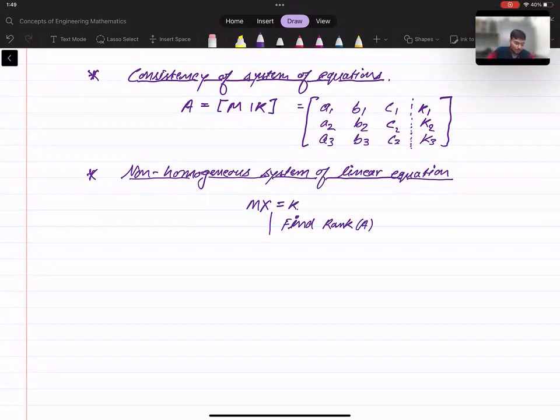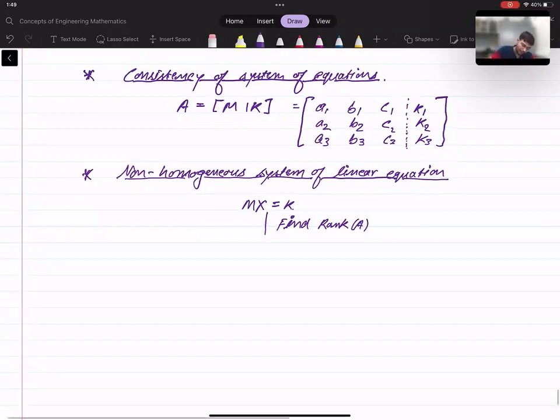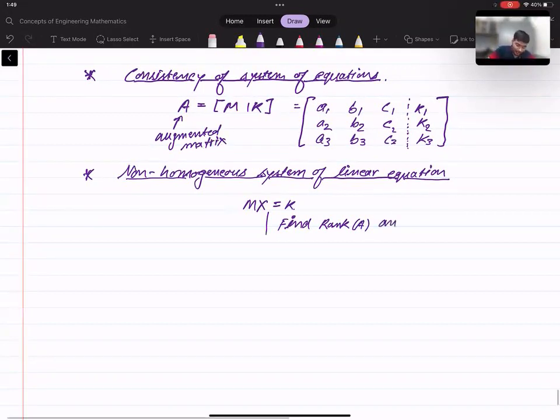Keep in mind, let me write it also that this is the augmented matrix. So find the rank of A and the rank of the coefficient matrix M. Then two cases may arise.